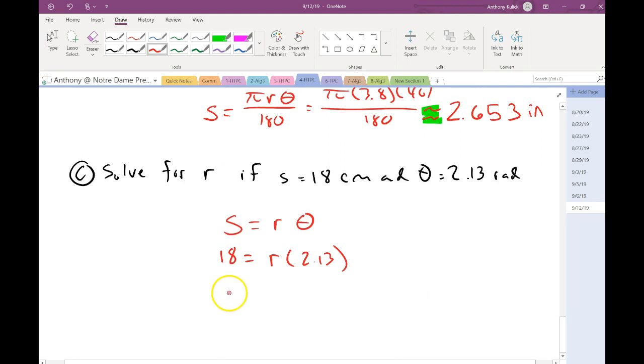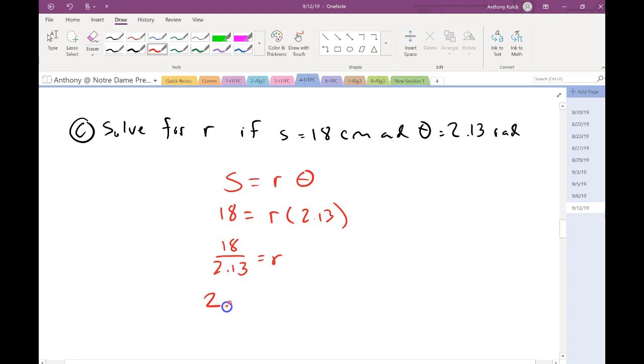So I know that R then is approximately 18 divided by 2.13. Everybody so far so good?